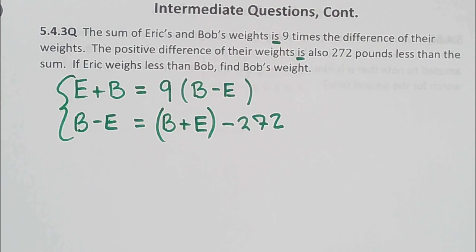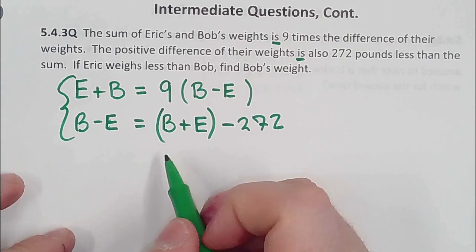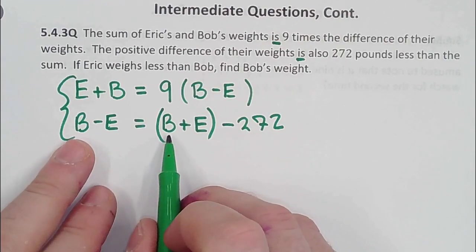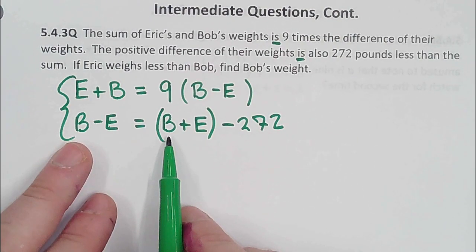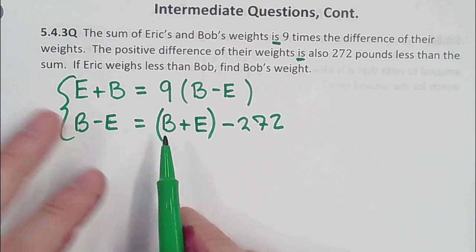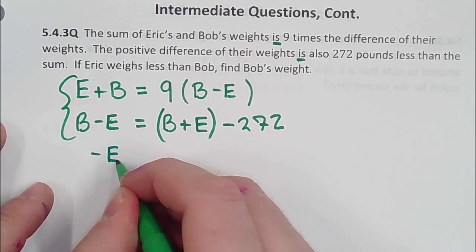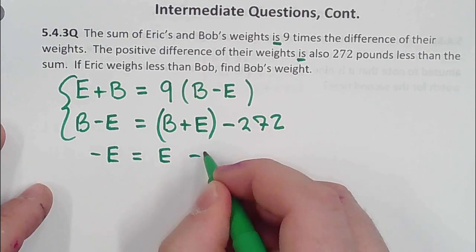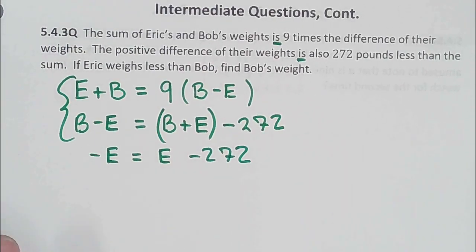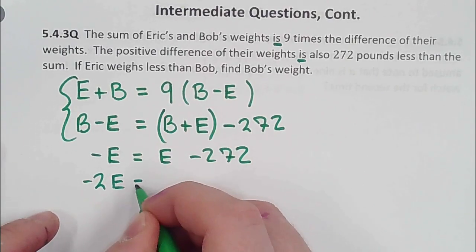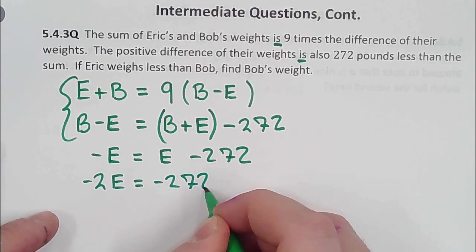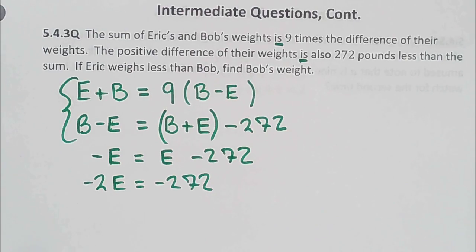Let's start with the bottom equation. I'm going to subtract B from both sides. What happens when I subtract B from both sides? Gone and gone. Wow, so that eliminates B for us. That's kind of nice. If I subtract E from both sides, then I get this. So what times 2 is 272? That'll be Eric's weight.